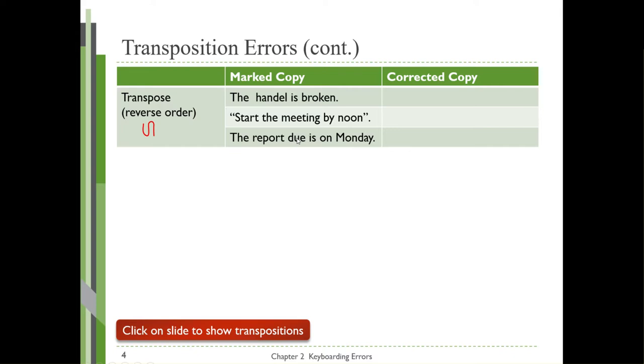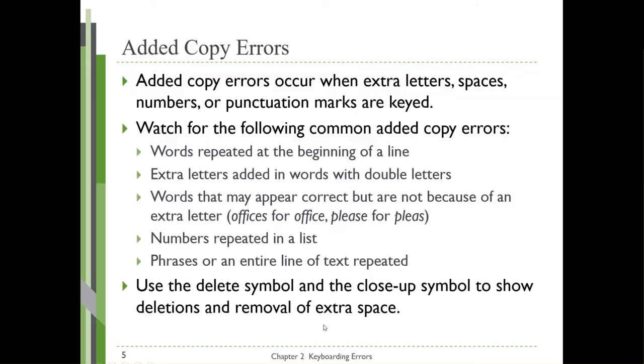The report due is on Monday, so the report is due on Monday. So that one, oh, here, the period should be inside the quotation, and then is should be before due. So anytime you're going to correct or let somebody know that they've made an error, you use this kind of symbol to show the transposition, where that transposition happened.